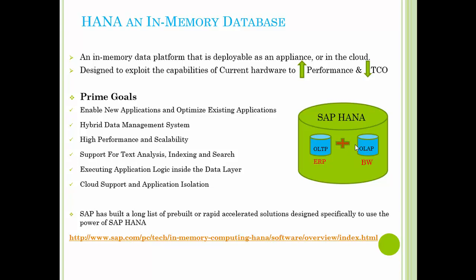For making business decisions, OLAP is very much essential, and for operating the day to day business, OLTP is very essential. So, as a whole, earlier solutions demanded a combination of OLTP and OLAP functionalities.